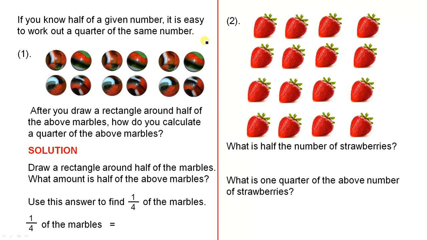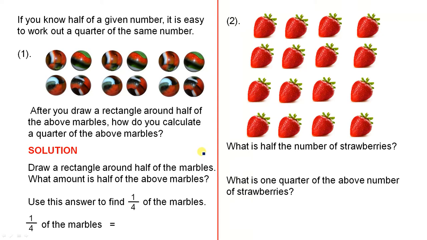If you know half of a given number, it is easy to work out a quarter of the same number. Let's have a look how we do this with these two simple exercises. After you draw a rectangle around half of the above marbles, how do you calculate a quarter of the above marbles? Now let's see how we do it. Let's go slowly.